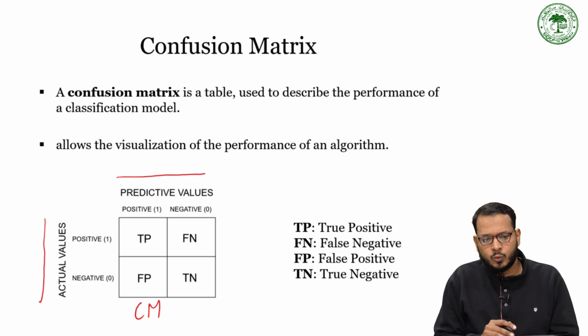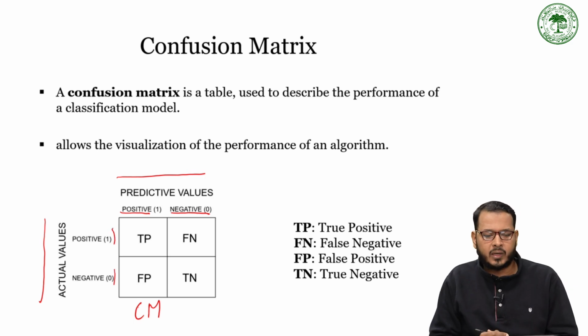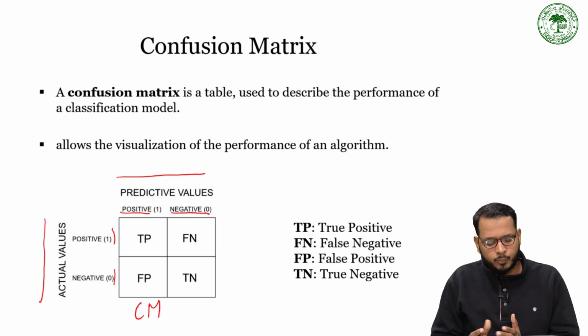Let's say there are only two classes, positive classes in the data and negative classes in the data. There are actual positive values here and actual negative values here. So when we put them in this way, there are four possibilities that emerge.